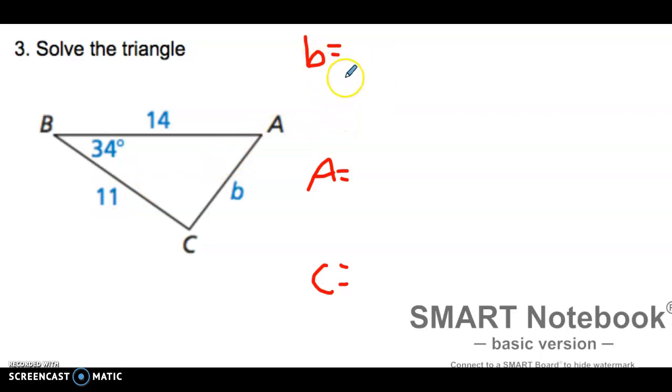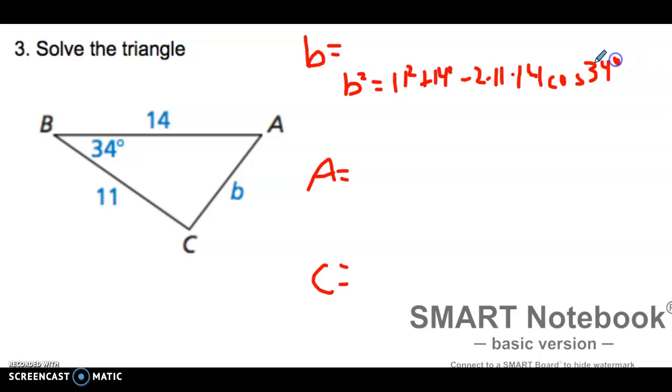And I'm going to start out to do it for side B. So B squared is equal to A squared, which is 11, and 14 squared minus 2 times 11 times 14 cosine of angle B, which we know, so it's 34 degrees.